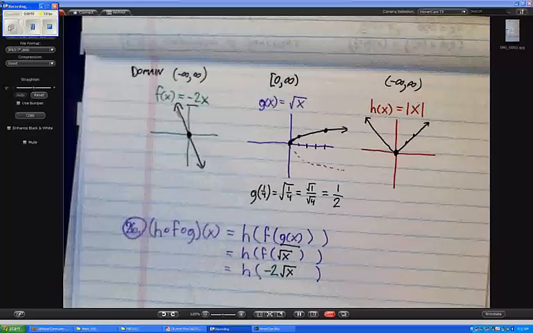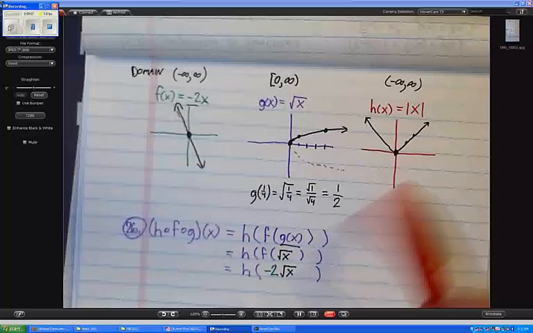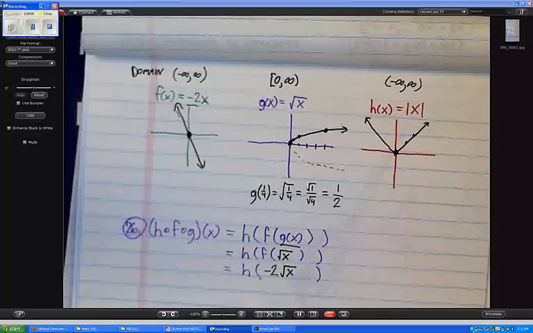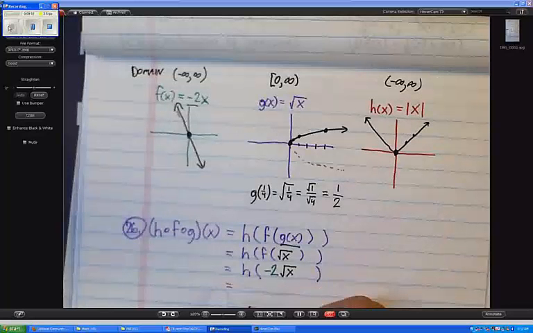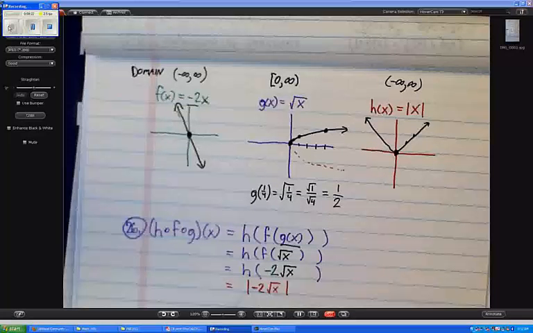Do you know what I'm going to do? Yeah, H says take the absolute value of the input. So we're going to write absolute value of what? Negative 2 square root of x. You guys understand? That's what you do when you do composition of three functions.